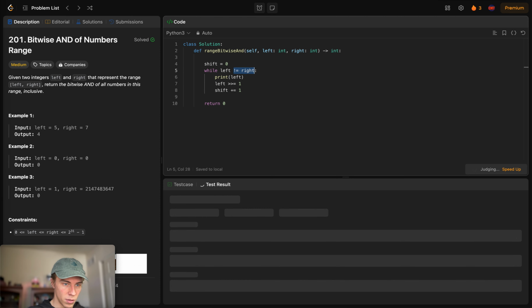Let's do this. While left is greater than 0. I messed up there. How do I stop this from running? To refresh.